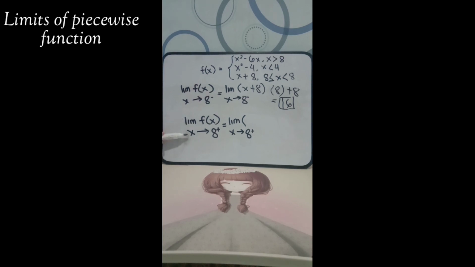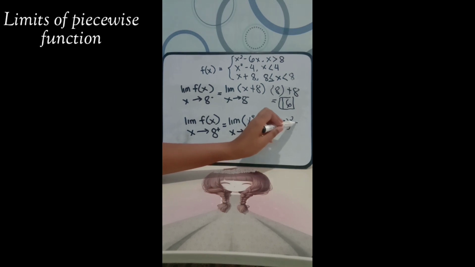Limit of f of x when x approaches 8 to the right. So, ang gagamitin natin ay x squared minus 6x. Okay, sulat na natin siya dito. Tapos, substitute na natin siya. 8 squared minus 6 times 8.